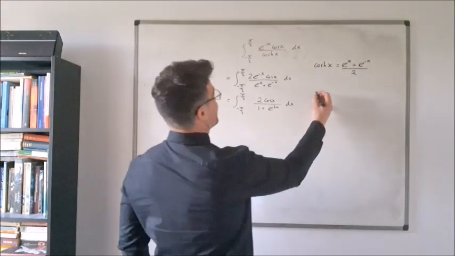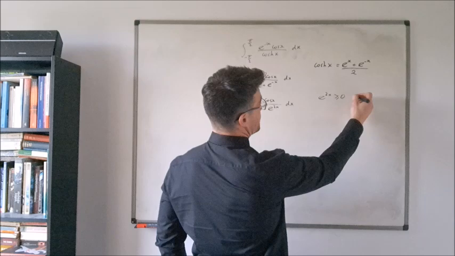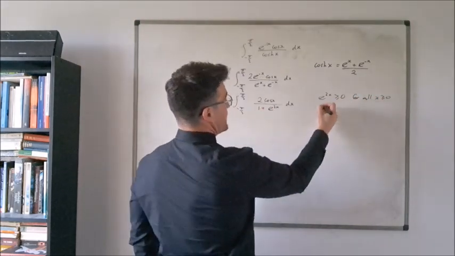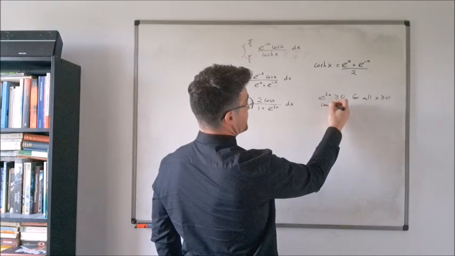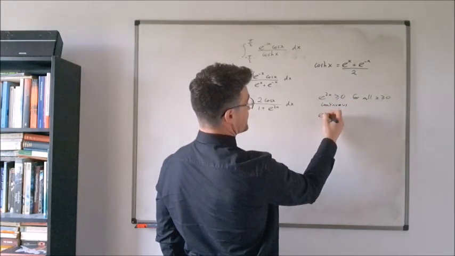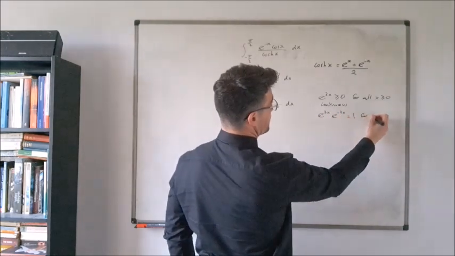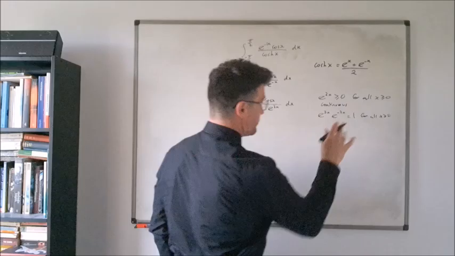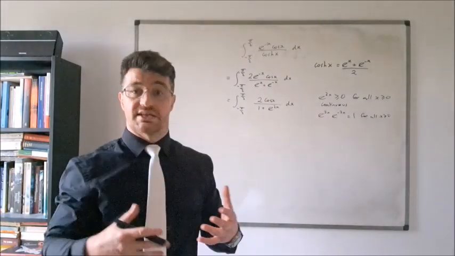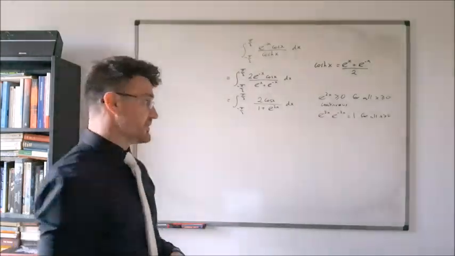Okay, so what does this tell me? This tells me that since I know that e to the 2x is greater than 0 for all x, and e to the 2x is continuous, I can even establish results like e to the 2x times e to the minus 2x is equal to 1. However you want to view it, this function satisfies the conditions that we've been working with in the previous sections.